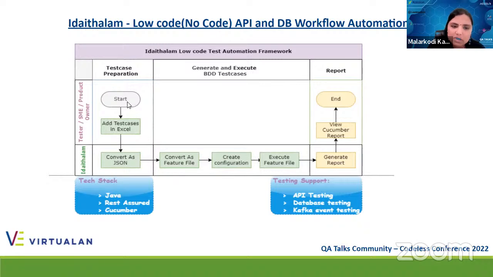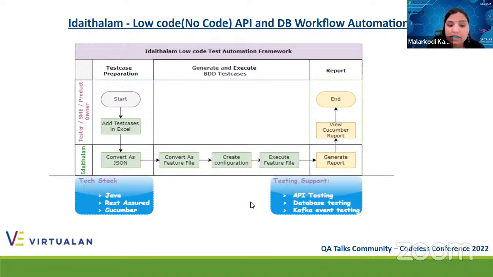As a tester, your work is adding the test cases in Excel. That's it. Then the Excel file will be converted to JSON. That JSON is input to this framework, and you get a feature file. From that, it generates Cucumber reports. So as a tester, you add test cases in Excel and view the Cucumber reports.